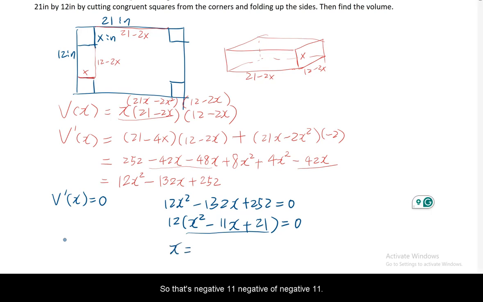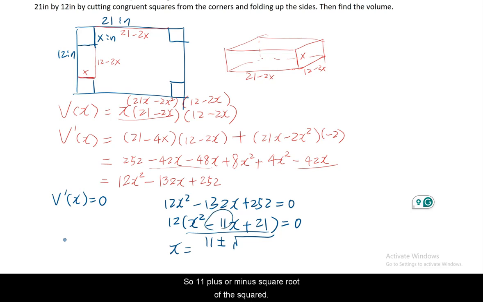So that's negative of negative 11, so 11 plus or minus the square root of 121 minus 4 times 1 times 21, divided by 2. Okay.